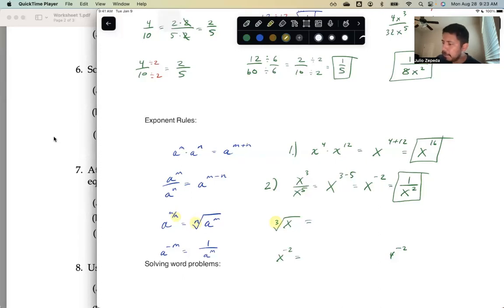And the number that we're raising the base to becomes the numerator of that exponent. So this expression, the cube root of x, can be written as x to the 1/3. And we can leave that there.